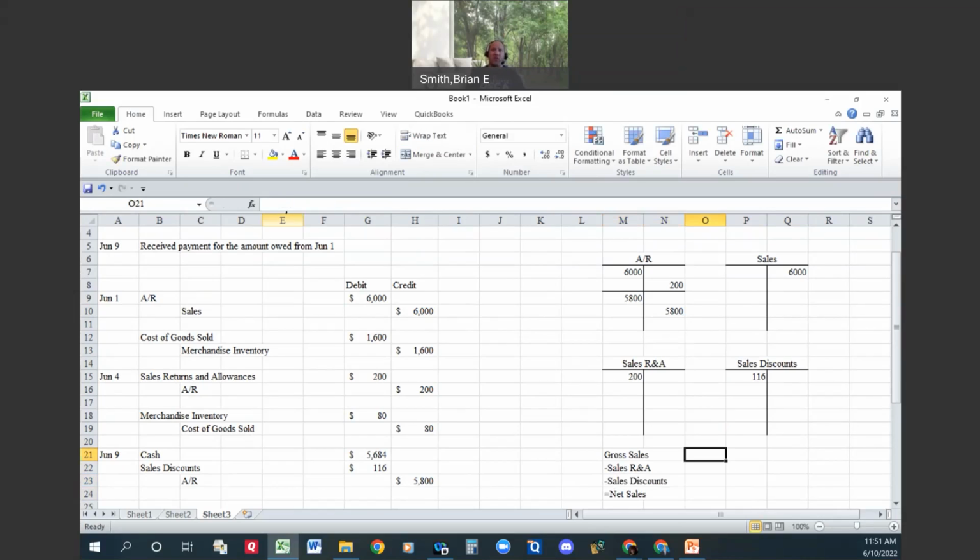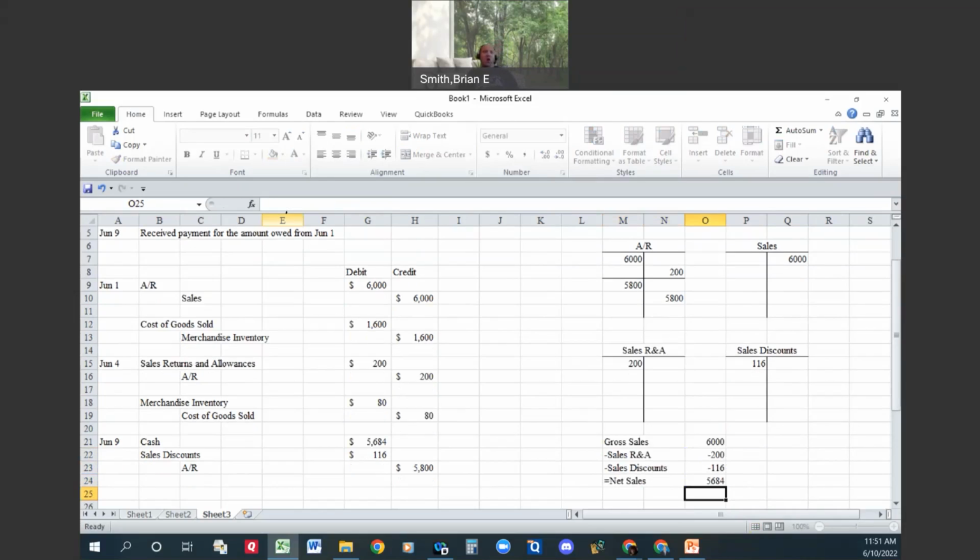We're going to take 6,000, subtract out 200 and then subtract out 116. And our net sales is 5,684. Oh, look, that's the same amount of cash we received, because we can't overinflate our sales. That's why we do this.